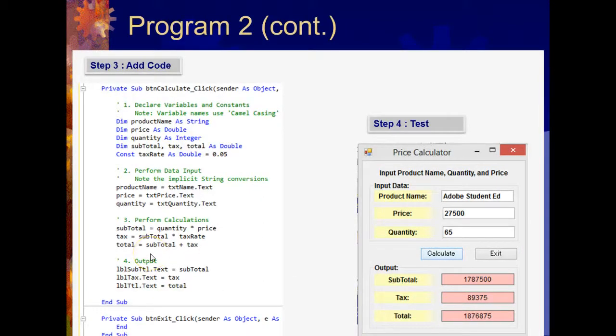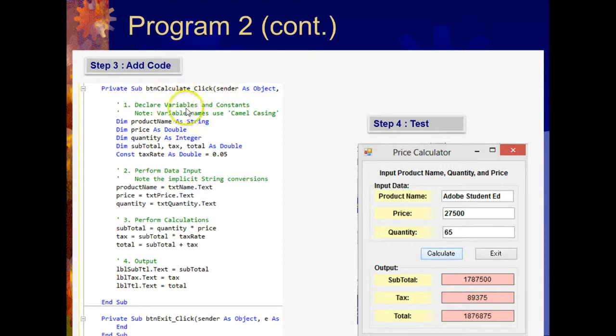Okay, so now we need to put the code in the calculate button. After the user enters this stuff, we press the calculate button and we get these results. So what do we need to do? We'll do it in 4 steps. This is in the calculate button.